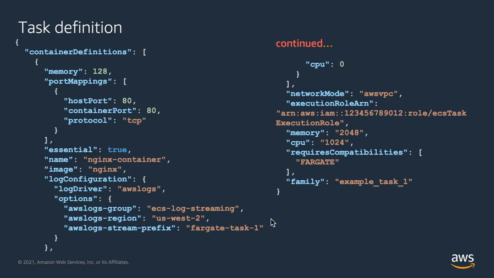Okay, so if we step forward, this is a task definition. You can see in this task definition, we're providing information like how much memory we require, 128 meg or something, what different ports it is going to run on, what the image name is, what the logging is, and what the execution role is. So we're providing all kinds of different details.